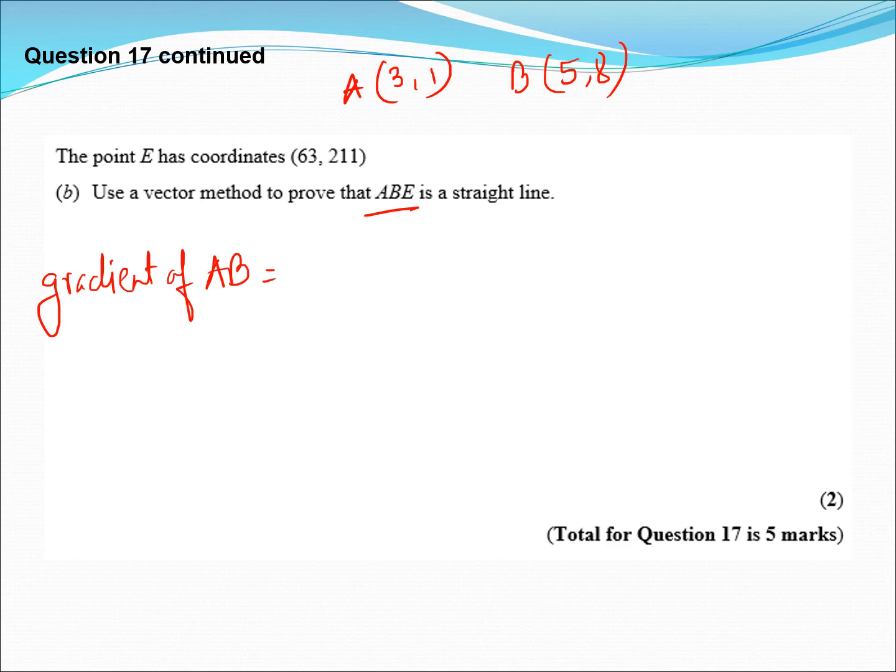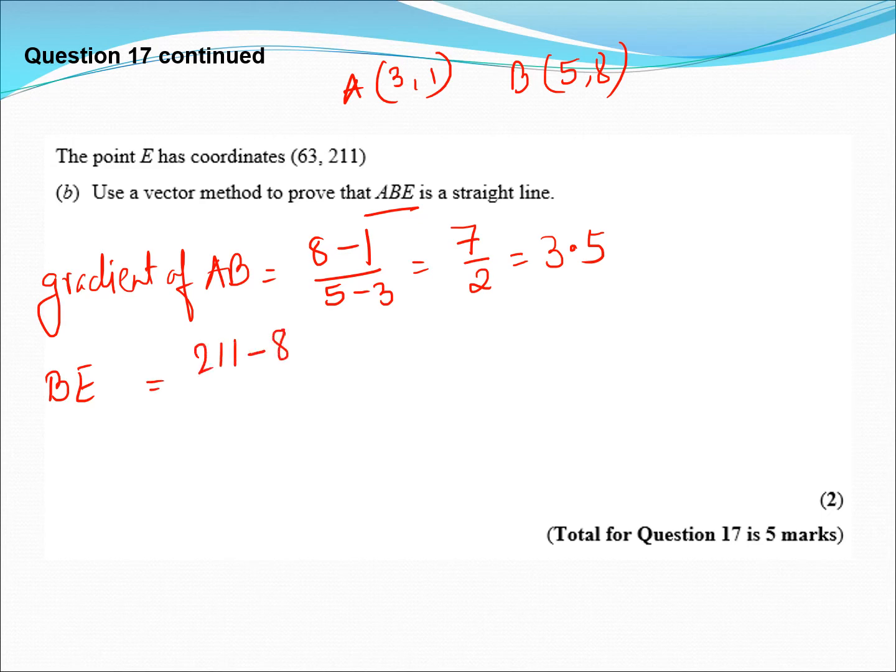Which is the difference between the y coordinates, 8 minus 1 over 5 minus 3, which is 7 over 2, 3.5. Now I'm going to do the gradient BE. Gradient of BE is going to be 211 minus 8 and 63 minus 5.